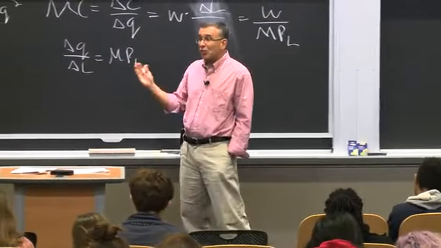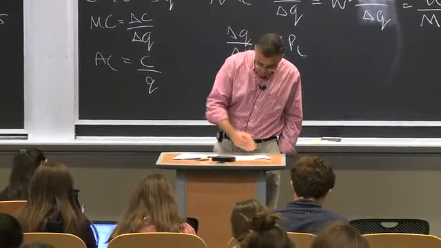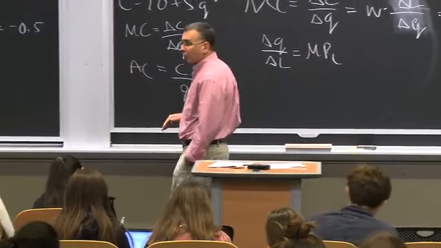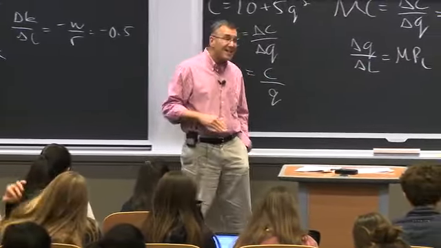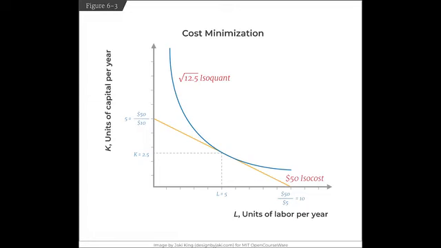So you want to produce as much as you can, given the prices you face in the market. Those prices are delivered by the isocost curve. So the tangency is the cost minimizing point. That's when you're producing the most you can, given the costs you face in the market.